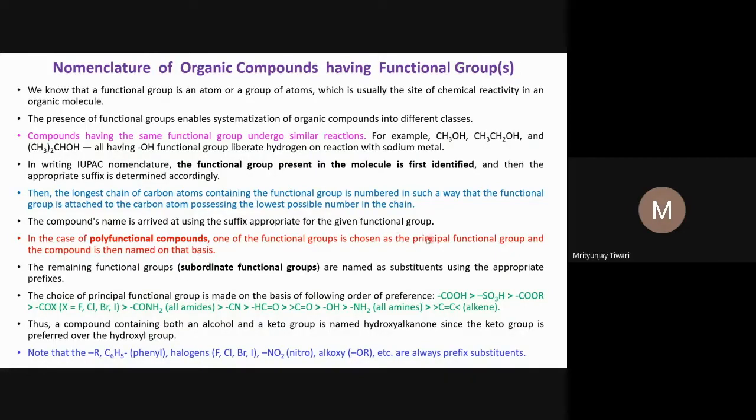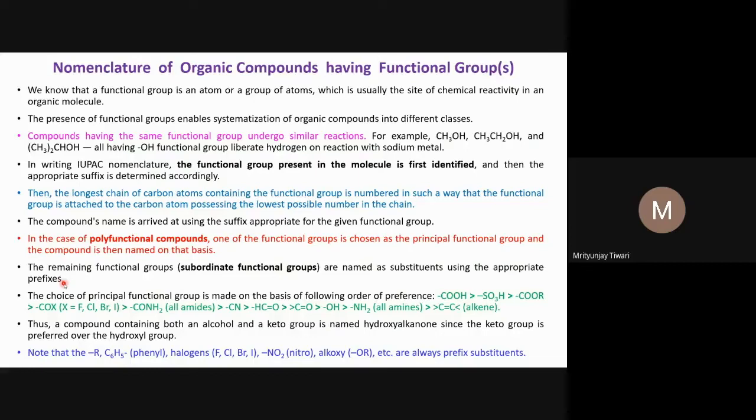The base is determined based on reactivity, because it is an experimental thing. People had already determined the priority order based on the experimental results, and it is already given to us. The remaining functional groups, which are the subordinate functional groups, are named as substituents using the appropriate prefixes.